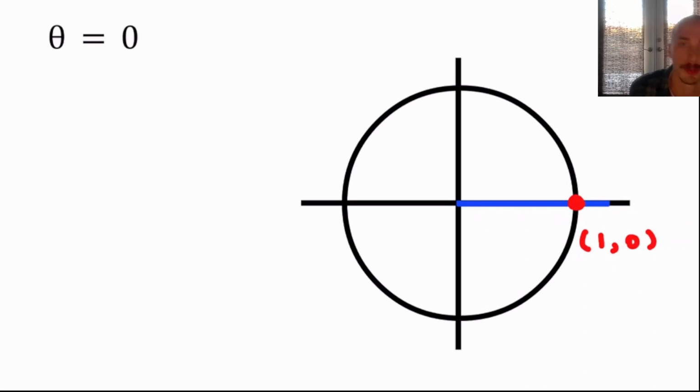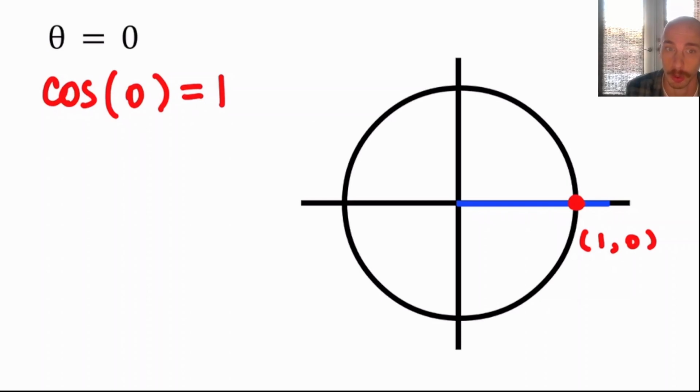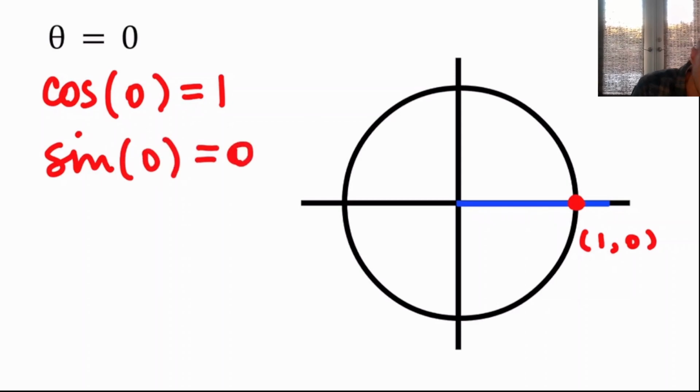So, keeping in mind what we just said, the x-coordinate, the horizontal displacement from the y-axis, represents cosine. Let's say cosine of 0 equals 1, right? It's the x-coordinate. And then sine of 0 is going to be the y-coordinate of that point, the vertical displacement from the x-axis. I'm no units away from the x-axis because I'm on top of the x-axis. So sine of 0 is going to equal 0.